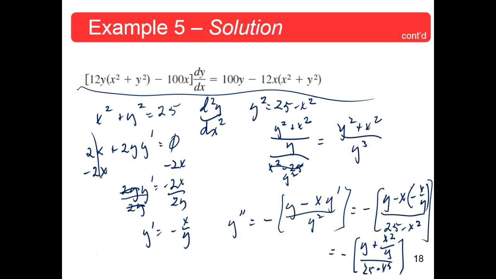Okay. But what is y squared plus x squared? 25. Oh, that was a minus y squared. Sorry about that. Those minus signs, they'll sneak in there and bite you where you don't want to be bitten. Okay.